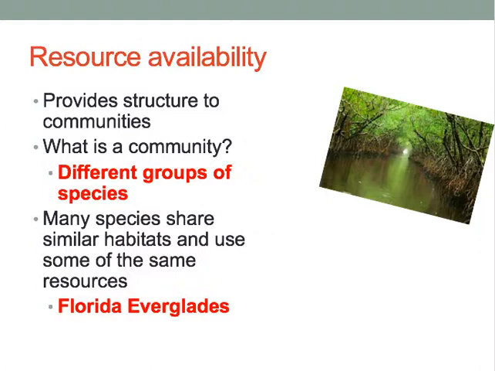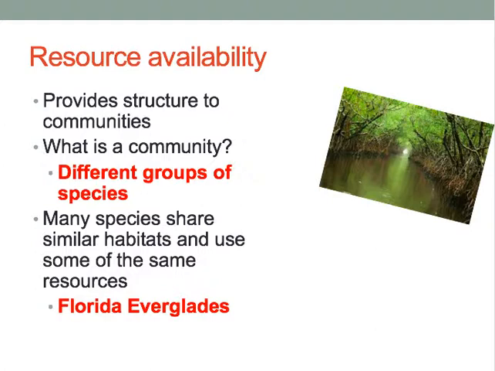So resource availability. We've talked a little bit about a community. What is a community versus a population? Remember, a community is different groups of species that interact within an ecosystem. So we might have a community of aquatic ecosystems, might be fish, otters, maybe frogs, maybe the plants.